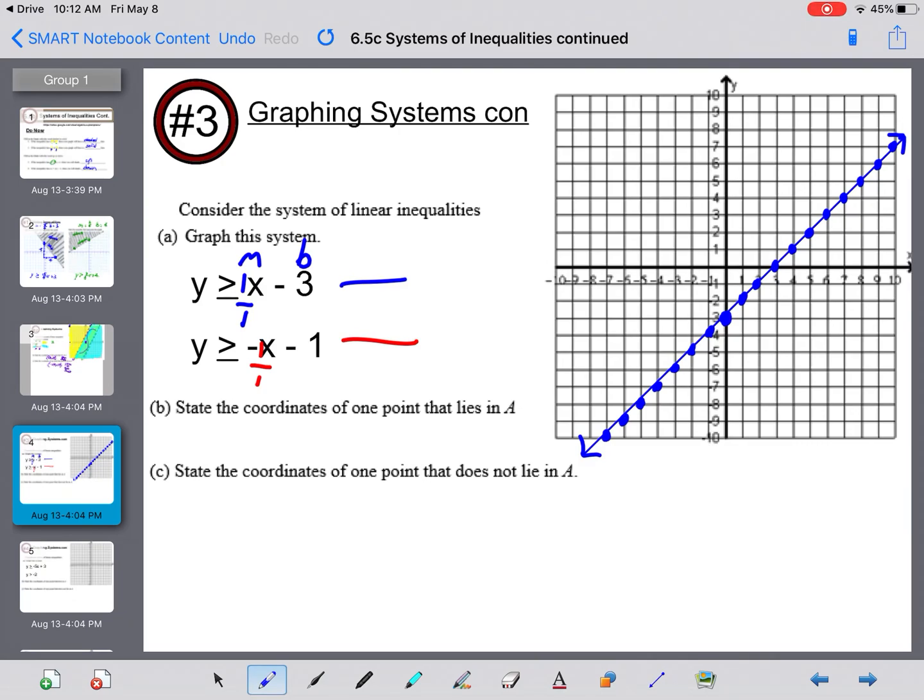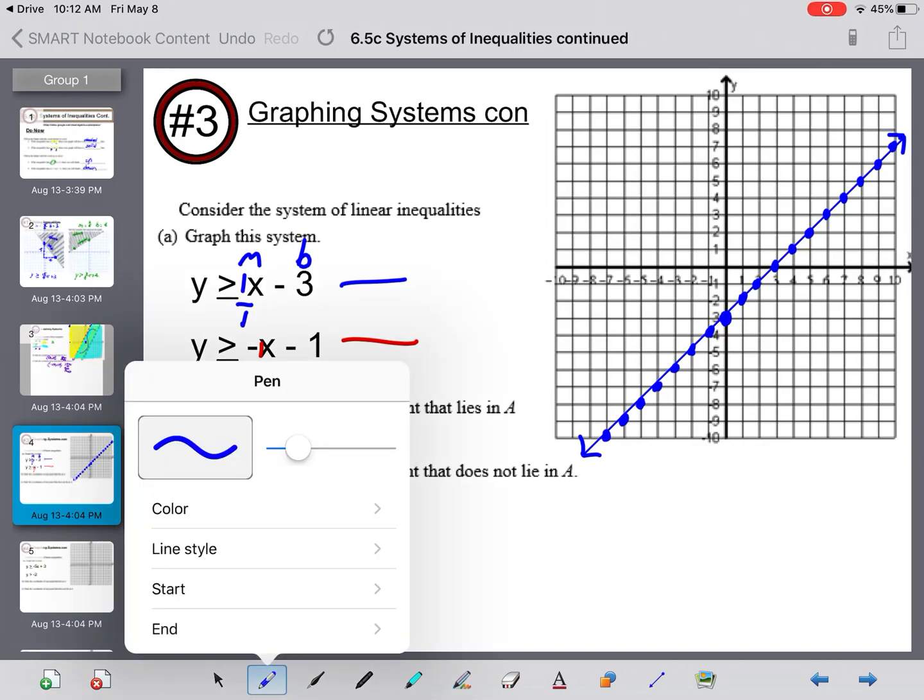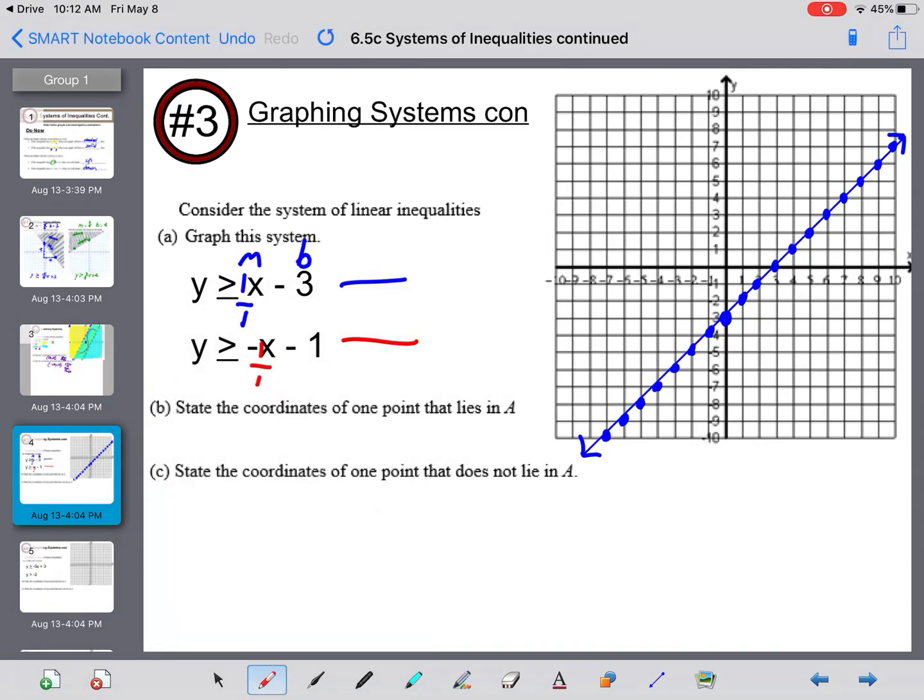And we'll worry about the shading when we're done. The red line, y is greater than or equal to negative 1 over 1x minus 1. So our red inequality is starting at negative 1. And it's going down. So we actually have a nice intersection point between these two lines.